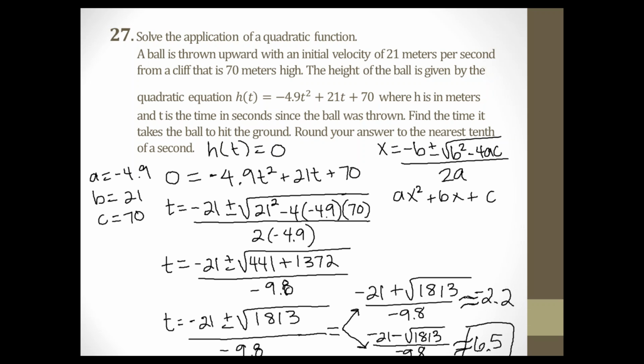That's why there is a negative 2.2 solution to the equation. But for this scenario, we only want to keep the positive value because that's what makes sense in the real world. So the answer is 6.5 seconds.